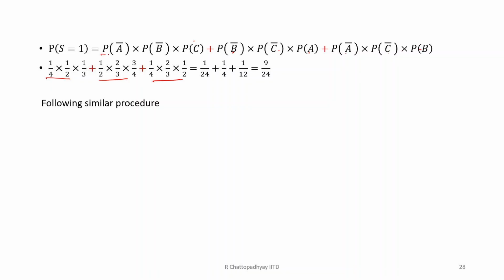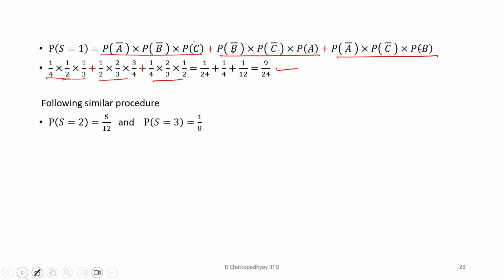So it is the summation of 3 individual probabilities added together, and we substitute the values and get 9 upon 24, that one machine will stop. Following a similar procedure, we can find out PS for S equal to 2 and S equal to 3. That all 3 machines will stop is 1 upon 8.